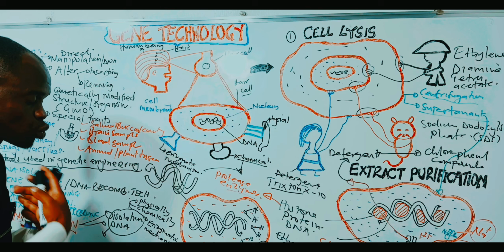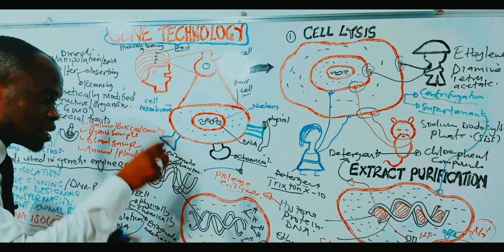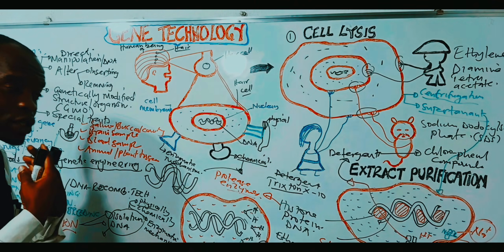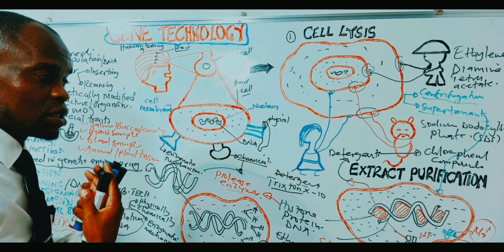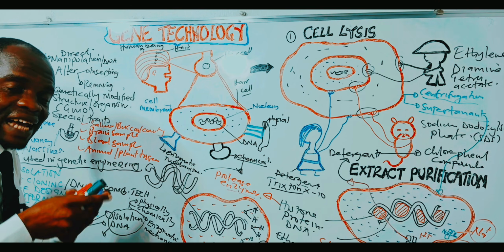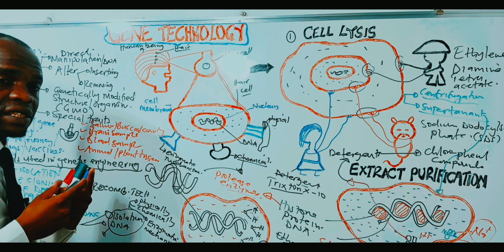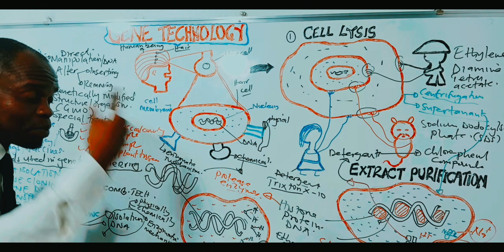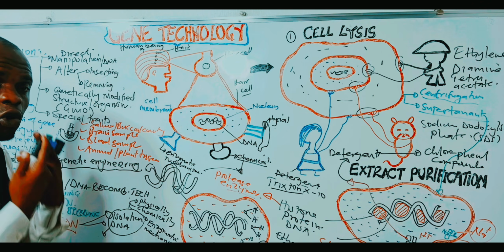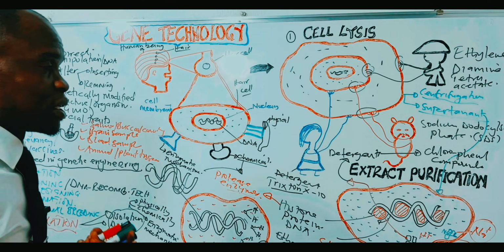So in the next lecture, we're going to look at how we're going to break this DNA, and after breaking it, the segments we get, how are we going to combine them with those of other species to form a recombinant DNA, which is going to be inserted into the host. And then it is going to be cloned, you get, for multiplication. And then we use it to form other organisms or other species, or for industrial application.